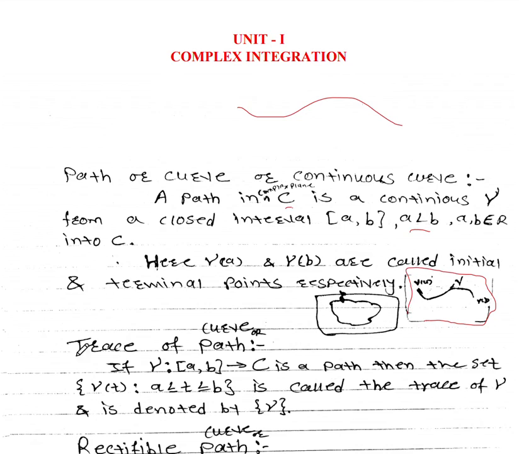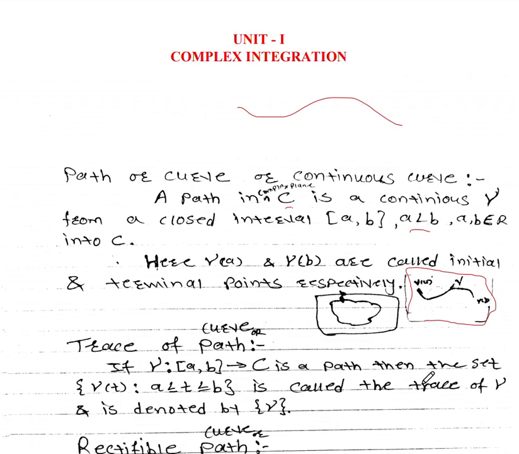Now we will see the trace of the curve. What is the trace of the curve? If the mapping gamma from [a, b] to C is a path, then the set of gamma of t, where a is less than or equal to t less than or equal to b, is called the trace of gamma, and it is denoted by curly bracket gamma.